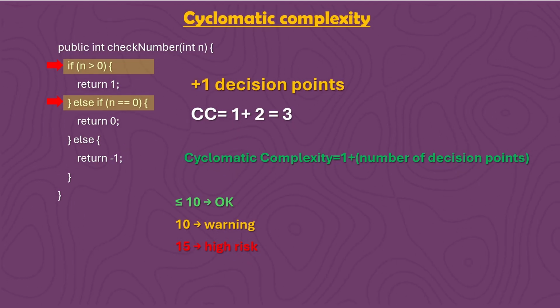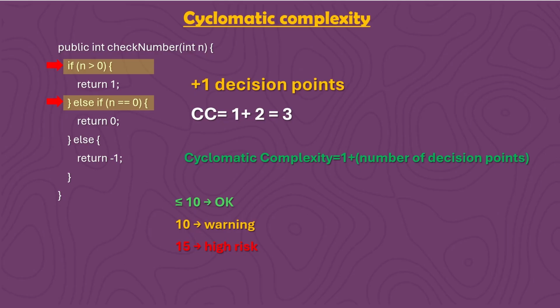Then else is basically part of the same decision chain, so no extra increment will happen. So plus 1 makes the cyclomatic complexity equal to 3. As a rule, typical thresholds: if cyclomatic complexity is less than or equal to 10, then it is okay. If it is greater than 10, then warning, and if it is greater than 15, then high risk.